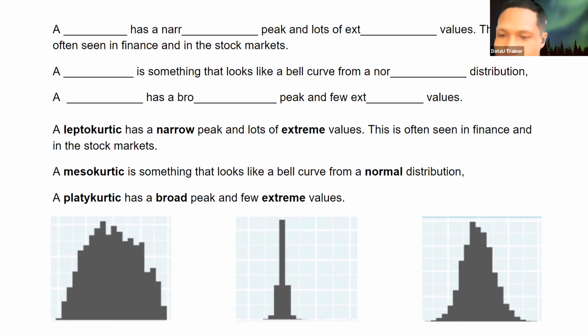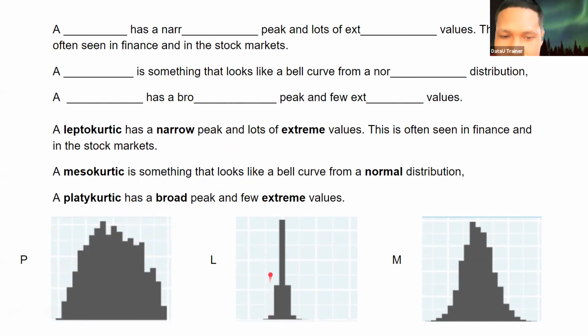All right, thank you. So let's check it out. The one on the left here, P for platykurtic, L for leptokurtic, and M for mesokurtic. For P, the keyword here is broad, meaning it's pretty wide, and you can see that there are actually some high values here compared to the leptokurtic where it's very narrow.